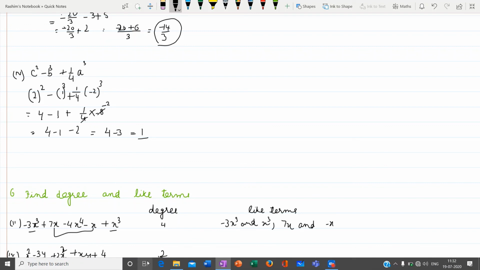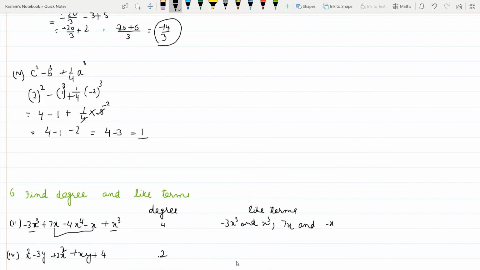These two are like terms only. So we will write x square and 2x square, these are like terms. So with this we have completed this exercise 9.2, children, and I have done a few parts from each question. The remaining parts of every question you are supposed to do on your own at home. Okay, thank you, children.